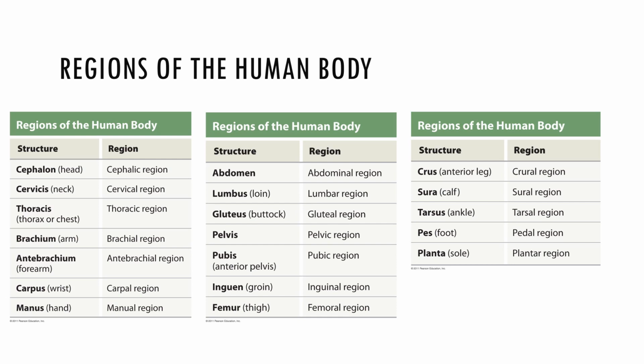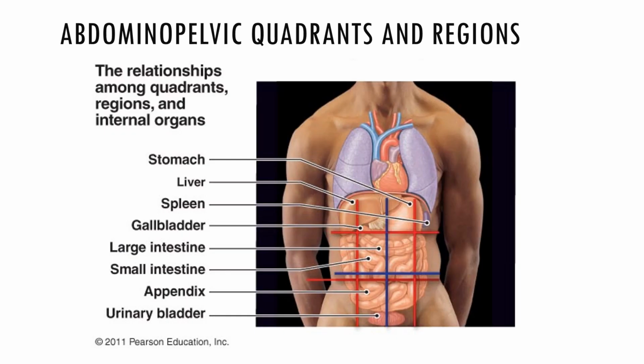So here's some tables, again, that give you the regions of the human body, some of the areas you have to know. And in the abdominopelvic region, we can also divide this into quadrants and regions. So the abdominopelvic quadrants, you have the right upper quadrant, which contains the liver.